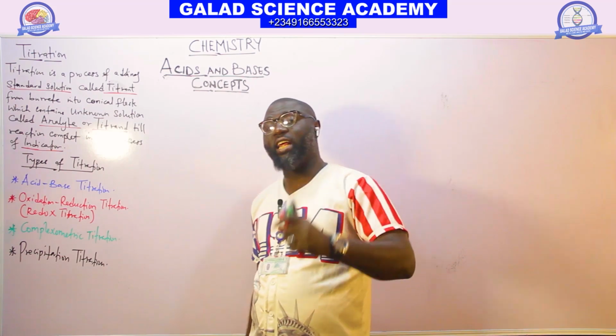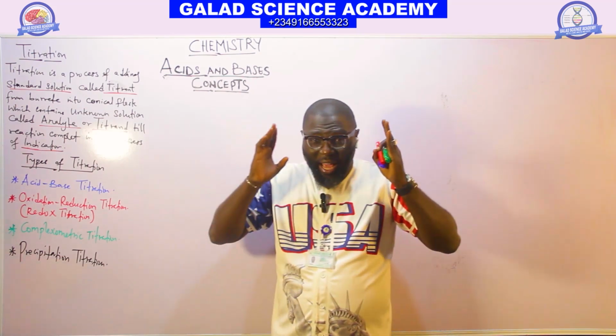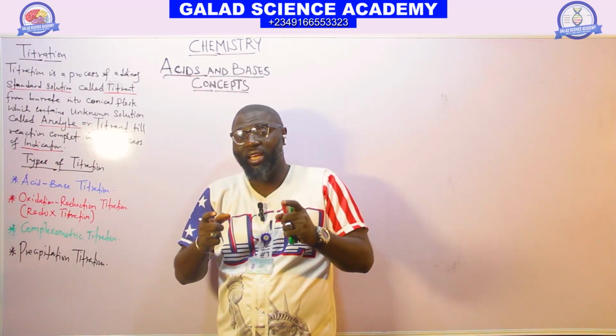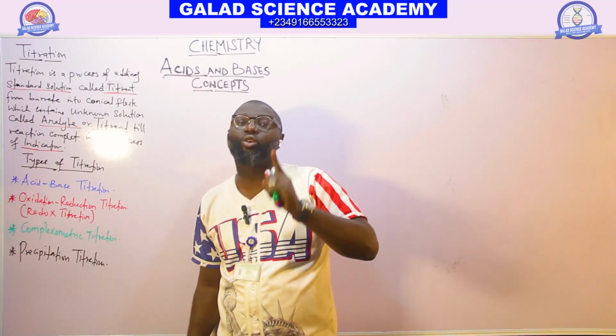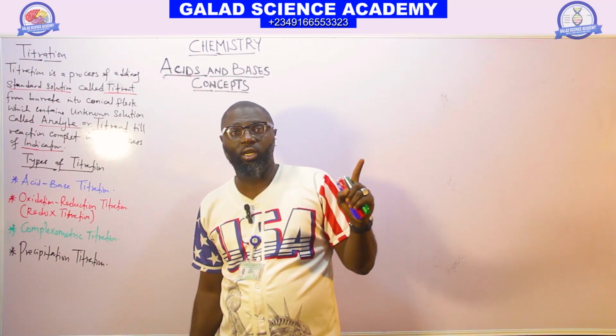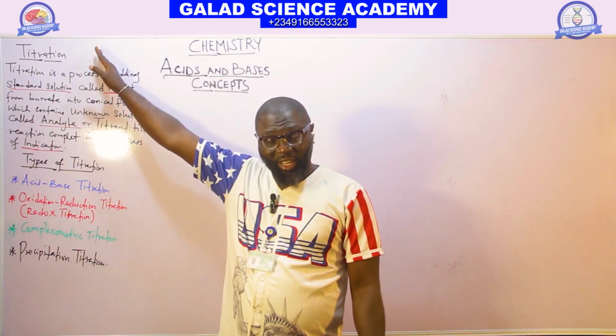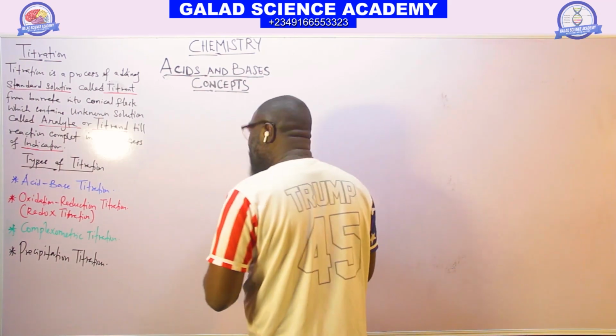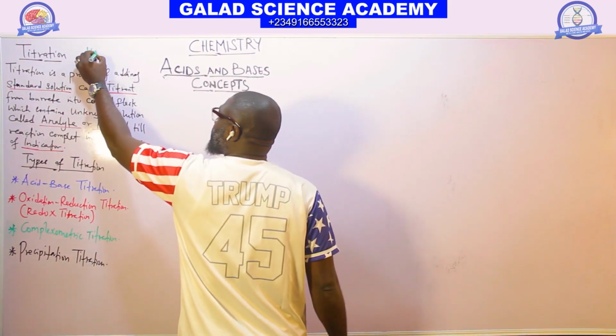Like I said earlier, the aim of titration is for us to determine the unknown concentration. So we use titration to determine the unknown concentration of a solution. Please note it.